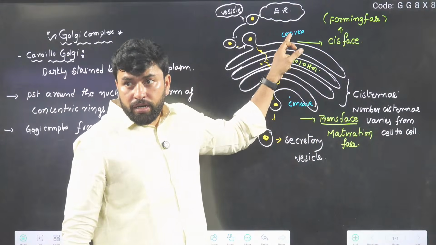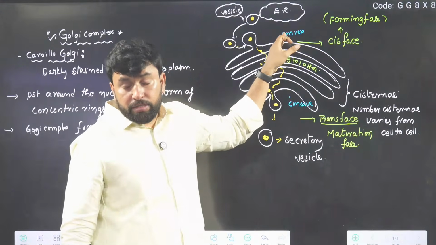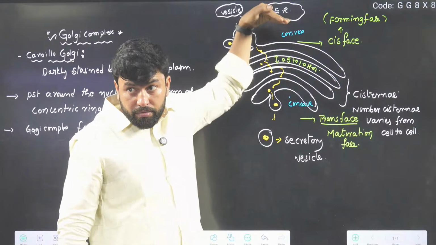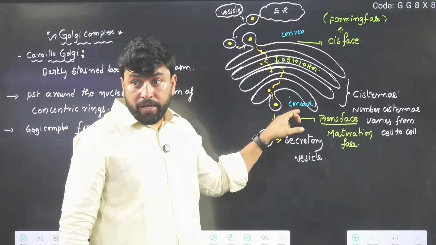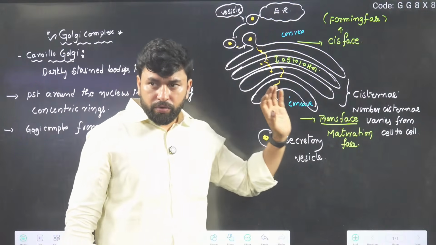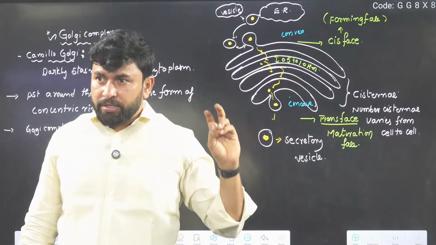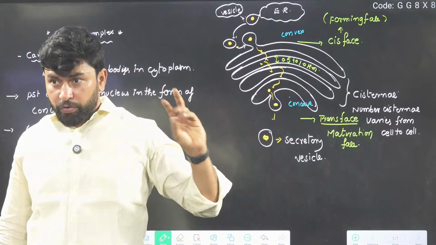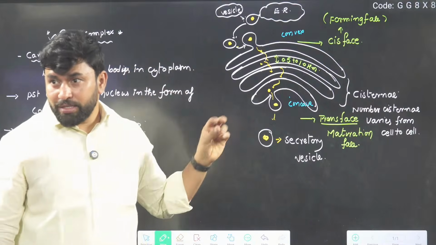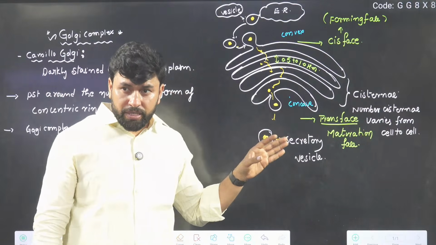Is it okay? The upper surface is convex, and the lower surface is known as the concave body. So altogether the cis phase is also called the forming phase or convex phase. The trans phase is also known as the maturation phase or concave phase.